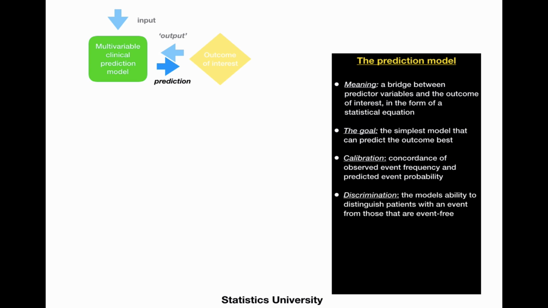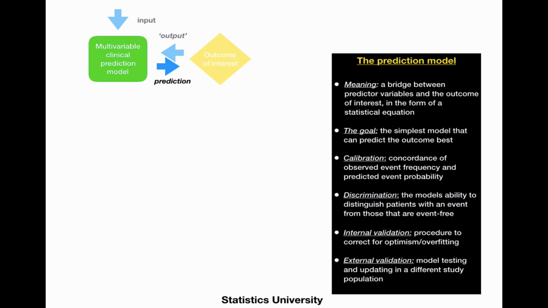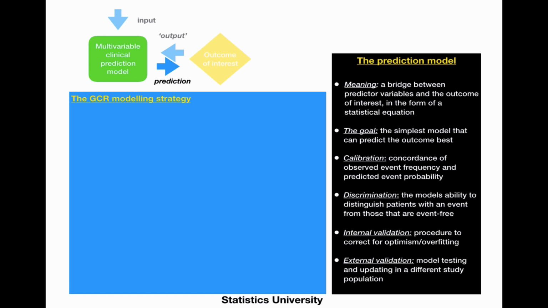Discrimination is the model's ability to distinguish patients with an event from those that are event-free. Internal validation is the procedure to correct for optimism and overfitting. And external validation is model testing and updating in a different study population. Now here's the GCR modeling strategy that I would advise when developing a new clinical prediction model.